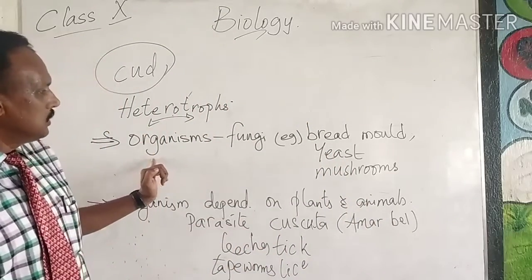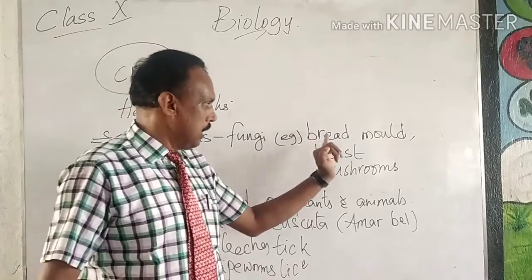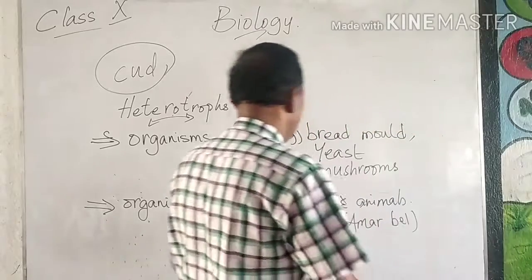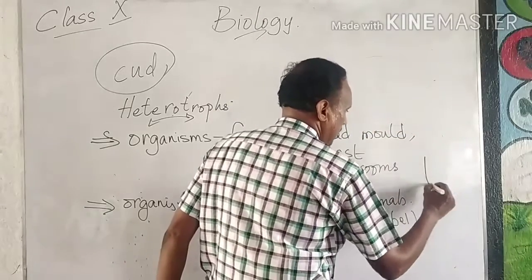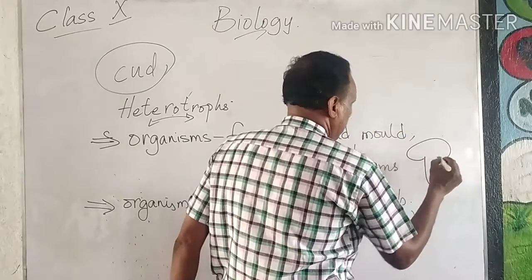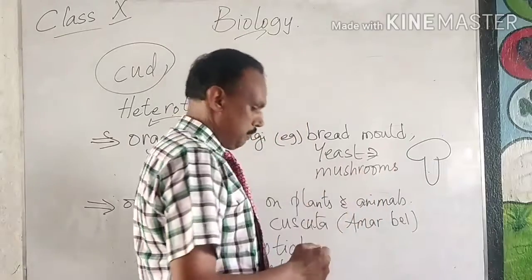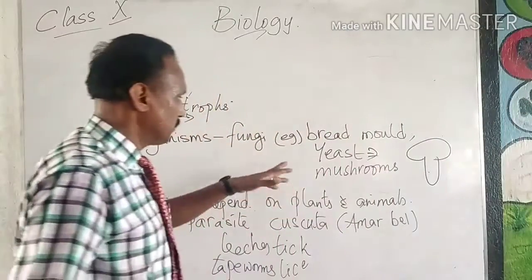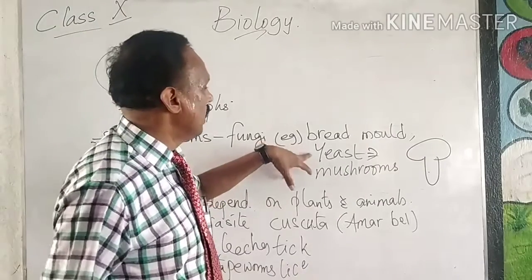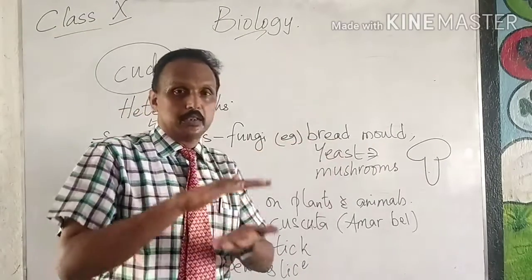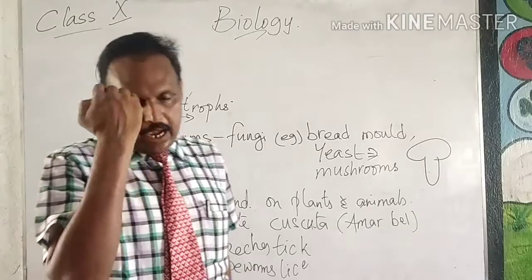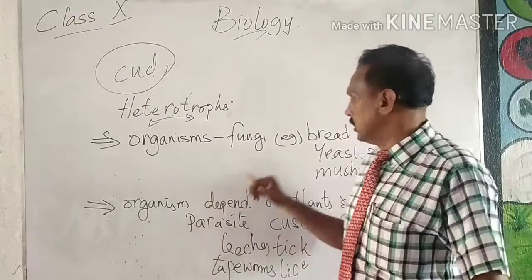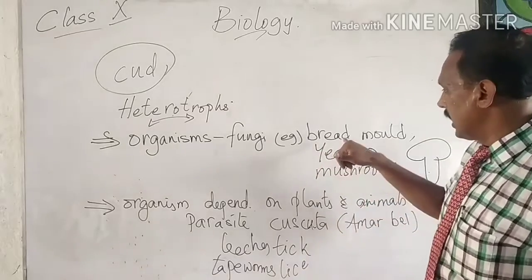And then another type is organisms like fungi, bread mold, yeast, mushrooms. Mushrooms, I don't know what you call in Hindi again. And yeast, when you are making alcohol or when you are making some things that need to be puffed up, we use. Bread mold, you might have seen on top of the bread. After 2 or 3 days, when it gets spoiled, one whitish mold will form there. You might have studied in lower classes also.